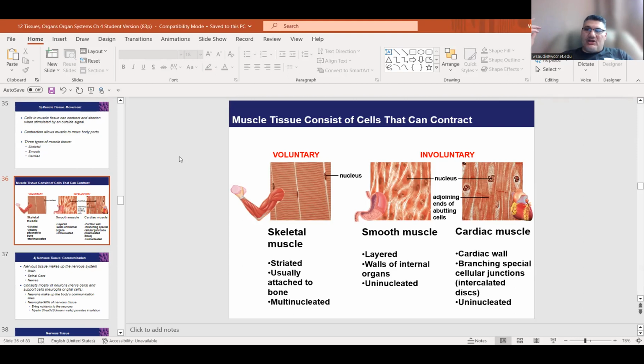No. Involuntary. Can you decide to contract or relax your intestine, your kidney, your blood vessels? No. This is smooth muscles. So the only one that's voluntary, if you forgot it, say to yourself, which one is voluntary? Skeletal muscles. Yes, I can contract it.